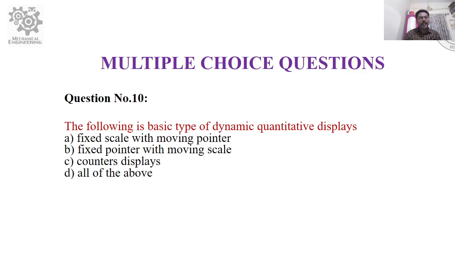The following is a basic type of dynamic quantitative display: fixed scale with moving pointer, fixed pointer with moving scale, option C counter displays, and option 4 all of the above.